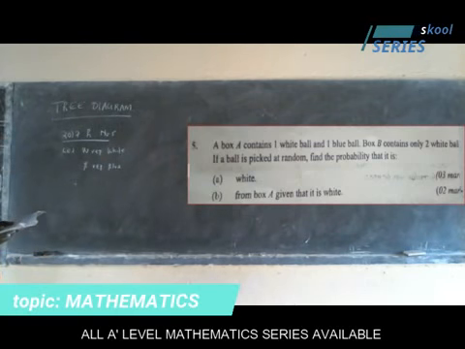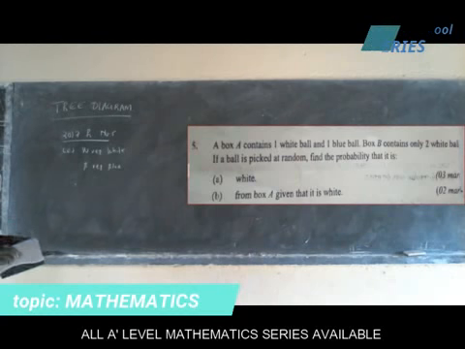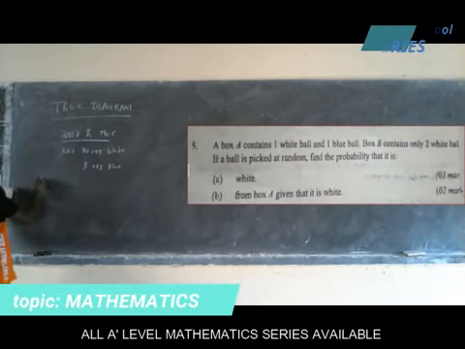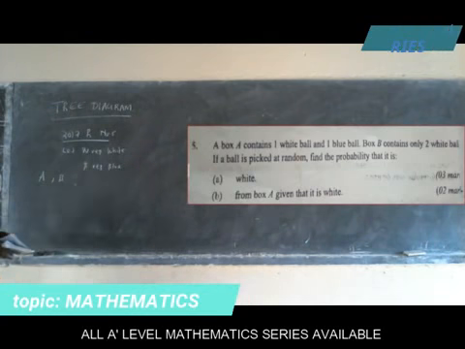Then they say box B contains only 2 white balls. Then they say if a ball is picked at random, find the probability that it is white. In this case, because we have 2 boxes, box A and box B, that implies boxes A and B have same chances of being picked.